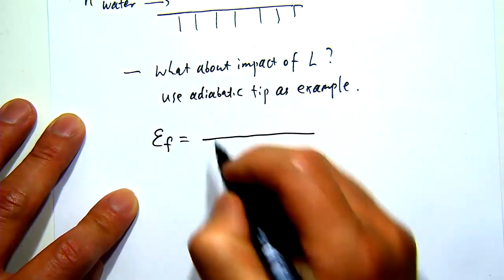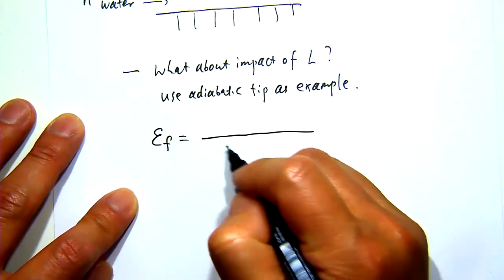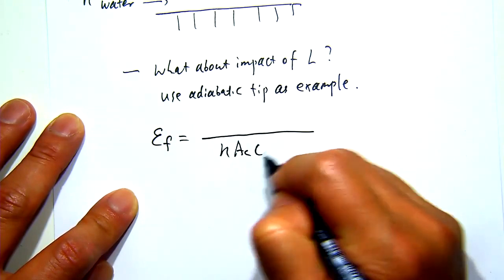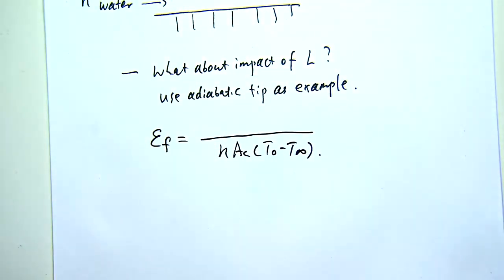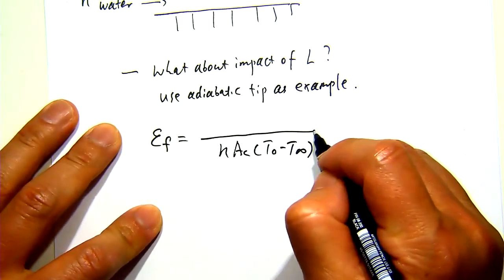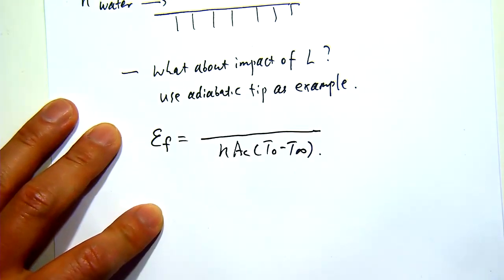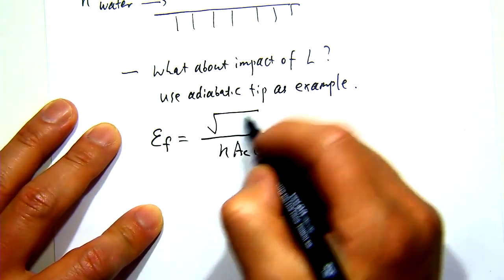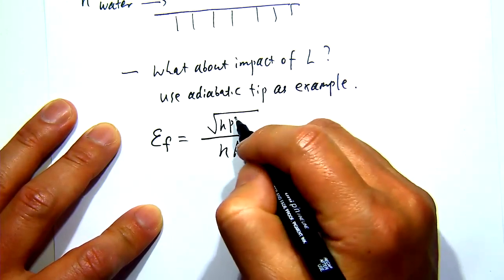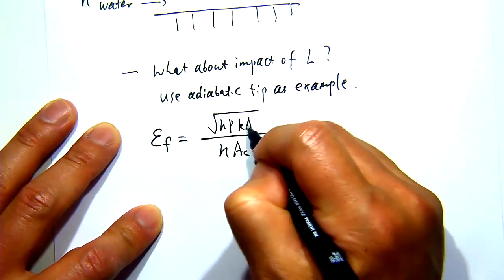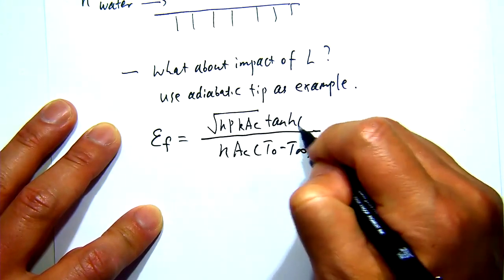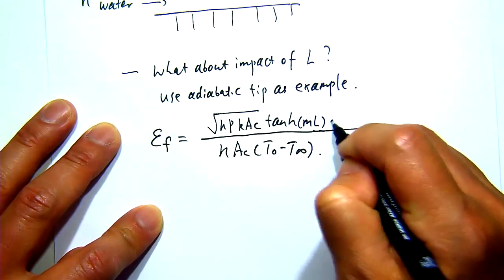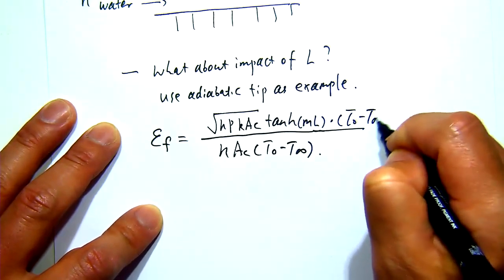So in that case, the effectiveness is again defined as the heat transfer rate with the fin over hA_c, the heat transfer rate without the fin. And if you look at the solution we had last time, this can be written as sqrt(hPkA_c) tanh(mL) times (T0 minus T infinity).